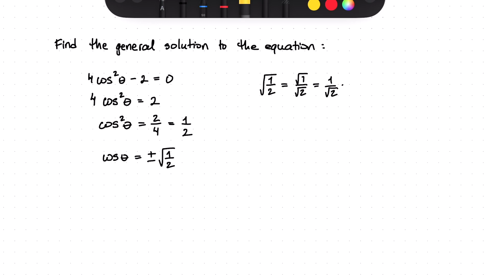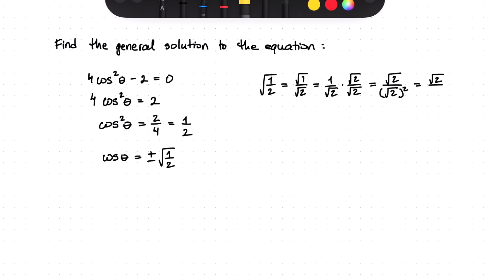So we're not changing the problem, we are just writing it in a different way. Now that will give me the square root of 2 over the square root of 2 squared. The square root is going to cancel out with the square, so we are going to be left with the square root of 2 over just 2.